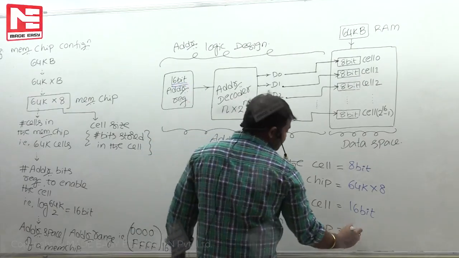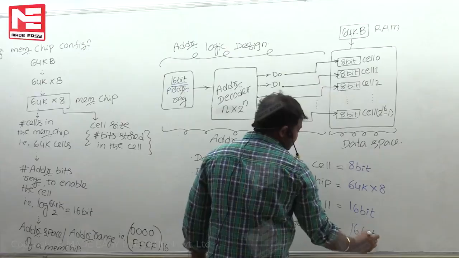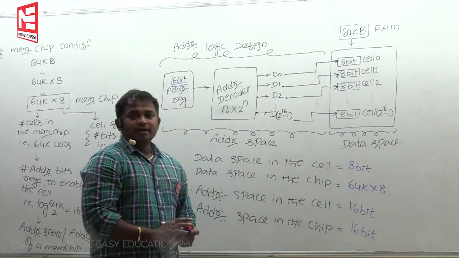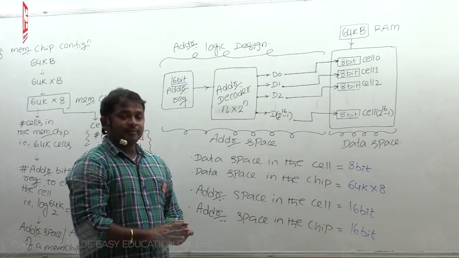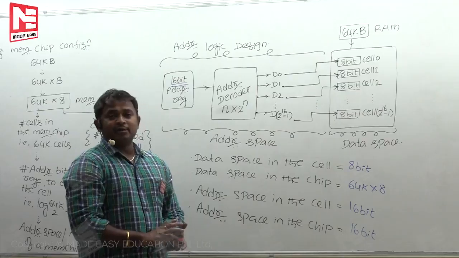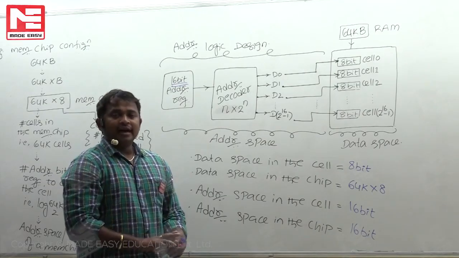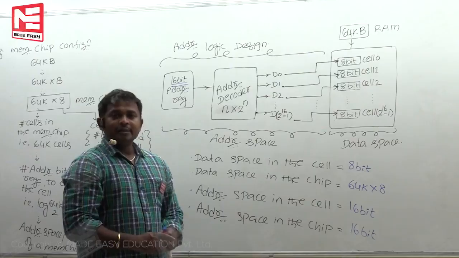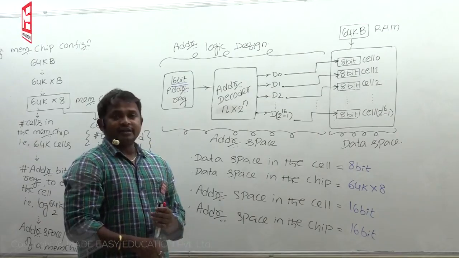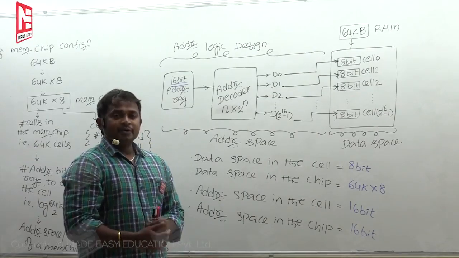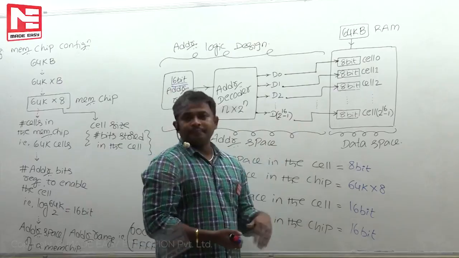Address space in the chip, that is also 16-bit. That means every cell is addressable by 16-bit, and the entire chip is also addressable by 16-bit. So address is implemented logically by using the decoding circuit. In every memory chip, this is the same structure.